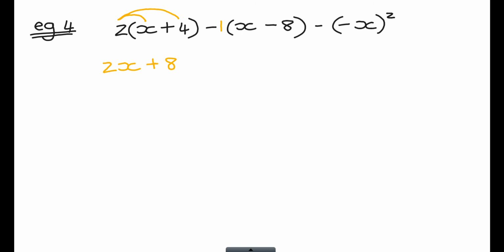If that was a plus, you assume that it's a plus 1. Okay. So minus 1 times x will give me minus 1x or just minus x. Okay. Minus 1 times minus 8 is going to give me plus 8, because a negative times a negative gives me a positive.